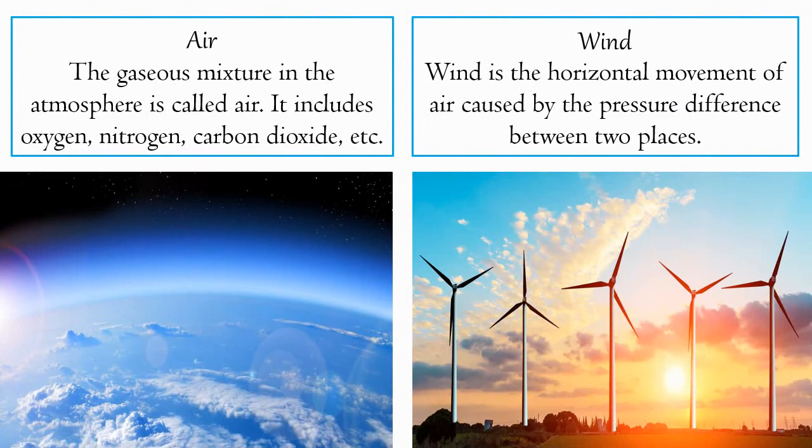Now, let us first understand the difference between air and wind. What is air? Air is a gaseous mixture in the atmosphere.